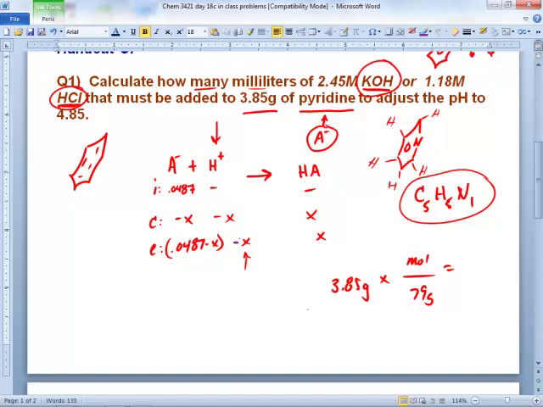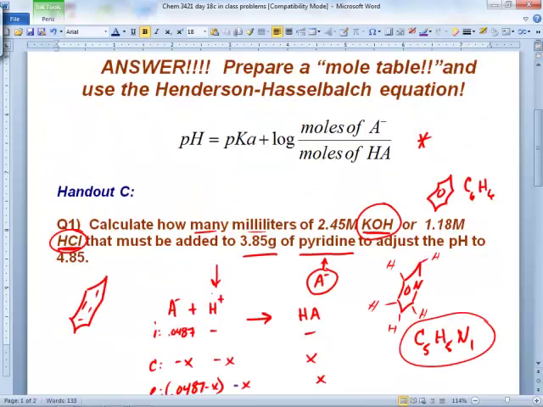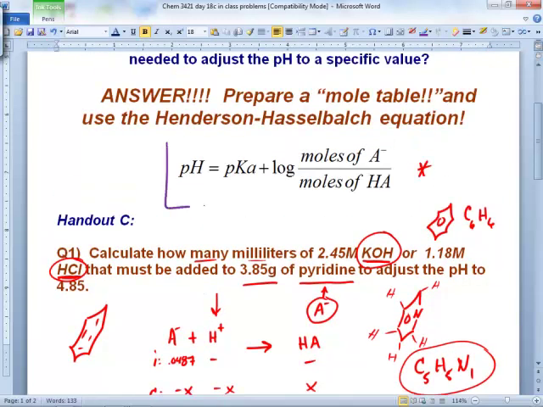It's 5.2 for this pyridine. So put all this stuff, your mole table, into our Henderson-Hasselbalch equation. Put it all in there.